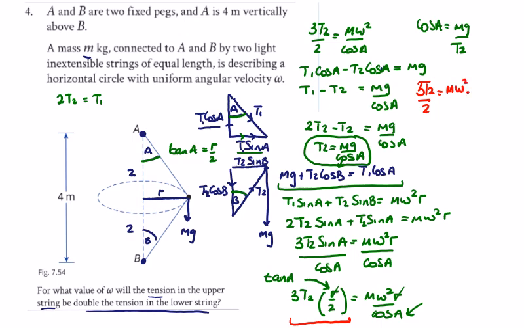And instead of dividing by cos A, I'm multiplying by T2 over mg. So my m's cancel and my T2's cancel. So I'm left with 3g over 2 is equal to omega squared. So omega is equal to the square root of 3g over 2 radians per second.